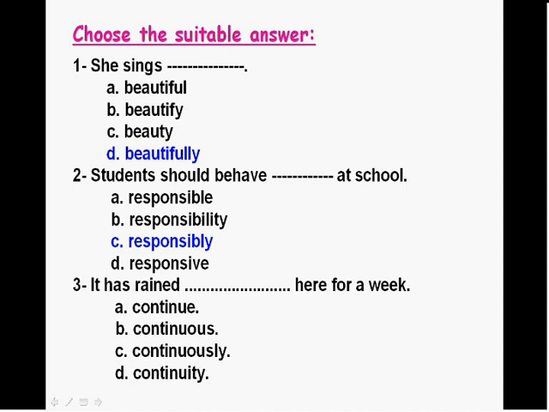I'm going to stop. Please, you have half a minute to choose the correct answer. You need to describe how the action is done, okay? You need a word to describe the verb. The raining, in the case of it has rained. So what is the word?